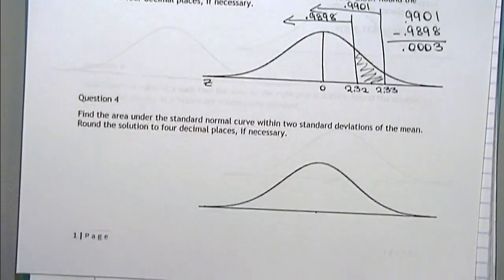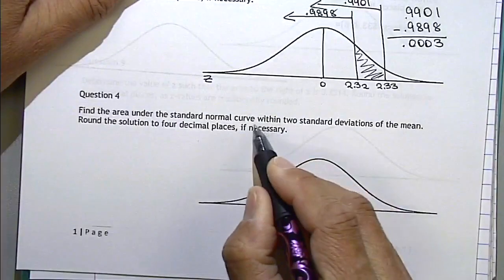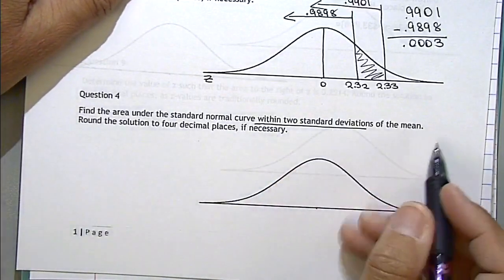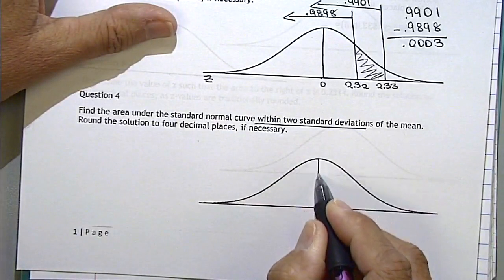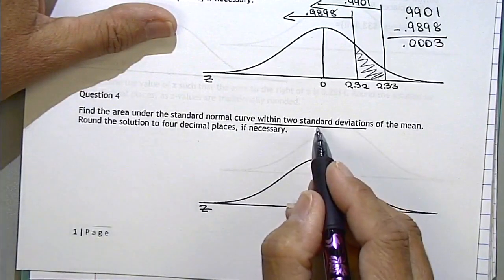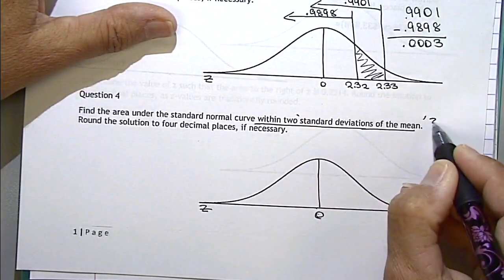So now let's talk about the next thing that they could ask us. They might ask us about standard deviations from the mean, not z-scores at all. They might say something like, how big is the area within 2 standard deviations of the mean? Well, standard deviations from the mean are z-scores.